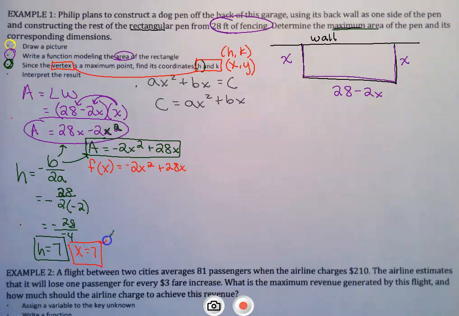Why don't we just write it as that? Why do we have to use h and k when it's the same thing? Because we already have an x in the formula. If we said x, it would be more confusing to have more x's. When we use vertex notation, we have an x and a y and an h and a k. We have all kinds of different things.